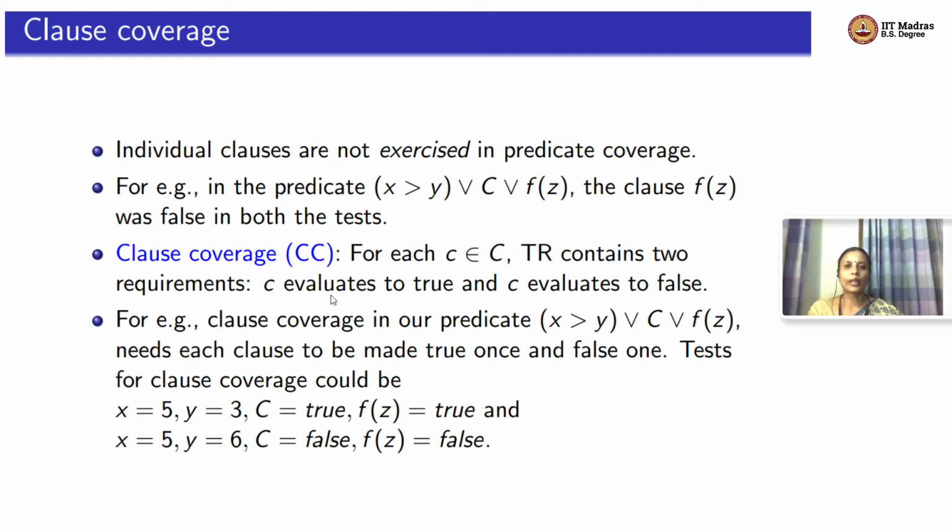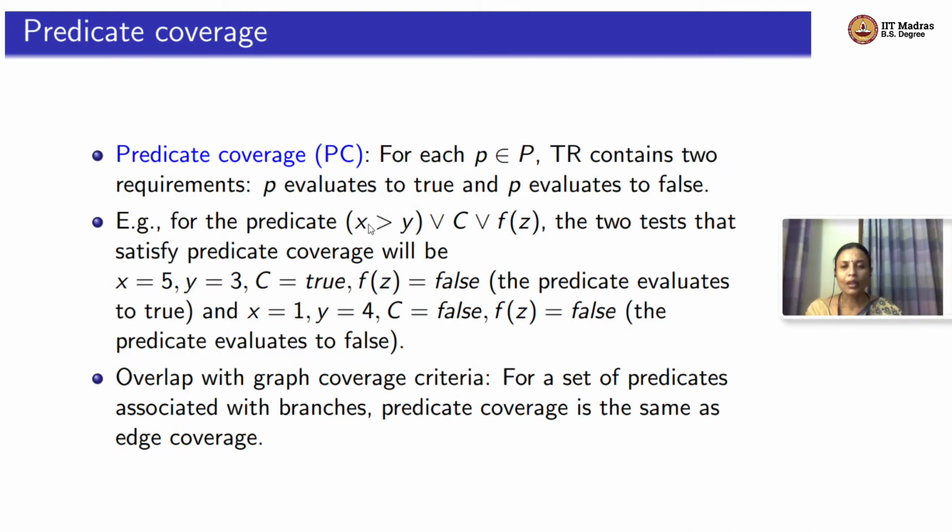Now let's look at it. If you see predicate coverage, you take this example that we just saw in this slide here. Consider how many clauses does this predicate have? Three clauses: x greater than y, c, then f of z, right? Now if you see in this case, first part in the predicate coverage becoming true, the first clause, sorry, evaluated to true, x greater than y.